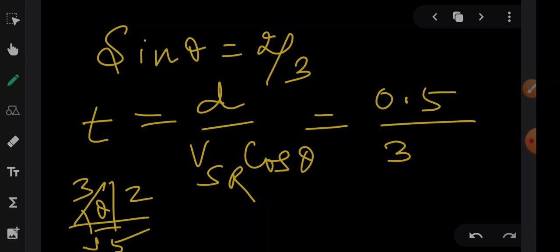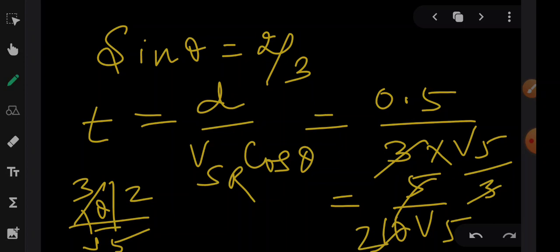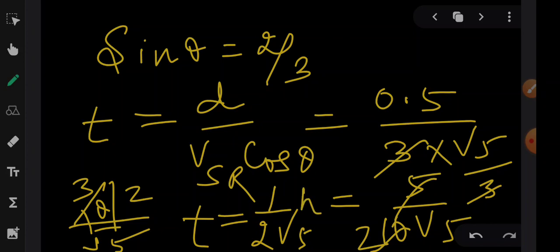So cos theta is root 5 by 3. So 3 and 3 get cancelled, and t is 1 by 2 root 5 hour. In this way, the theory which we have learned can be used to simplify the question.